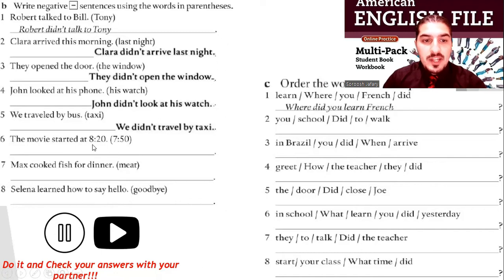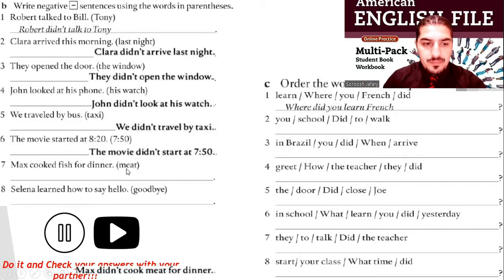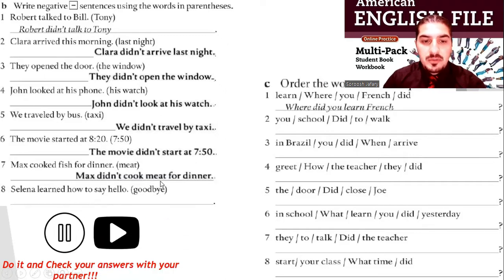The movie started at 8:20. The movie didn't start at 7:50. Number seven, Max cooked fish for dinner. Max didn't cook meat for dinner. Number eight, Selena learned how to say hello. Selena didn't learn how to say goodbye. Well done, you're doing okay.